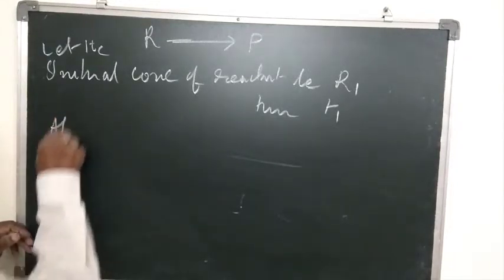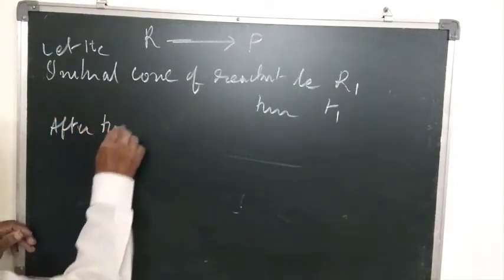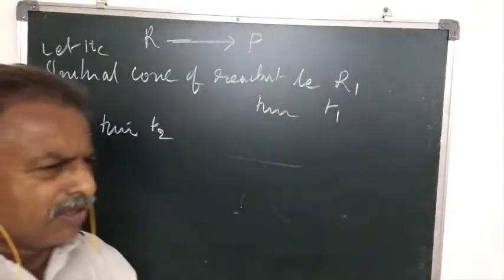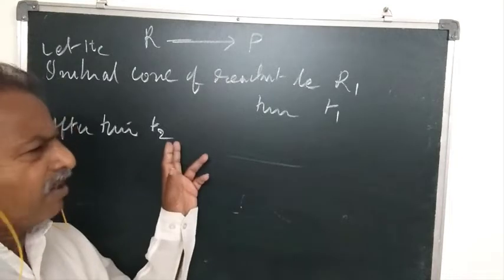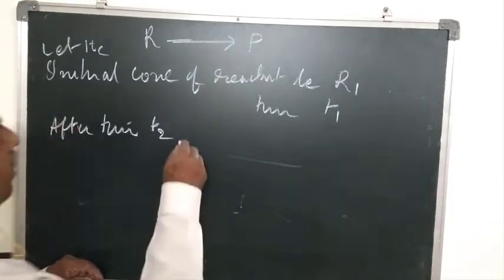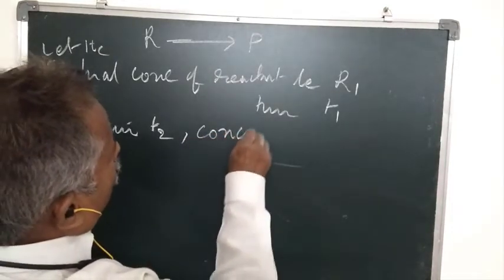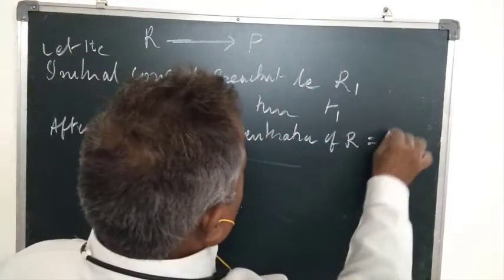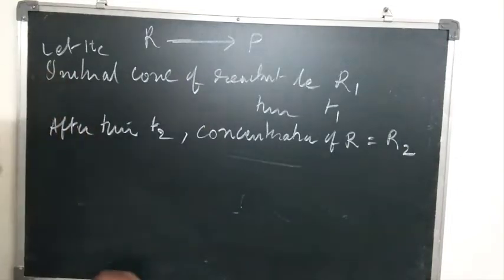And after time T2, that means reaction is carried on and of course time is going on, we stop the reaction at time T2, and at time T2 concentration of R is given by [R2], right?